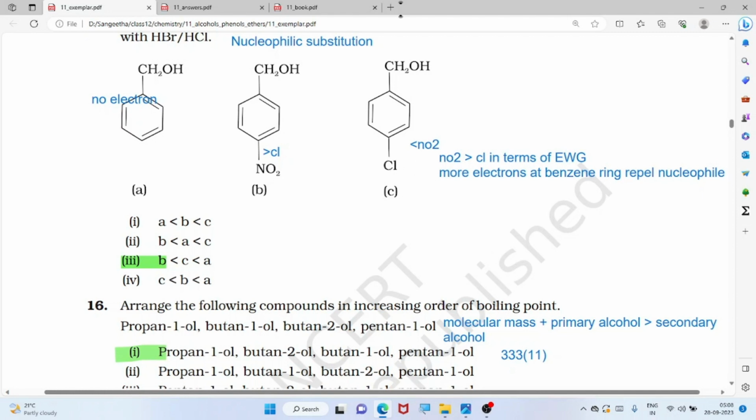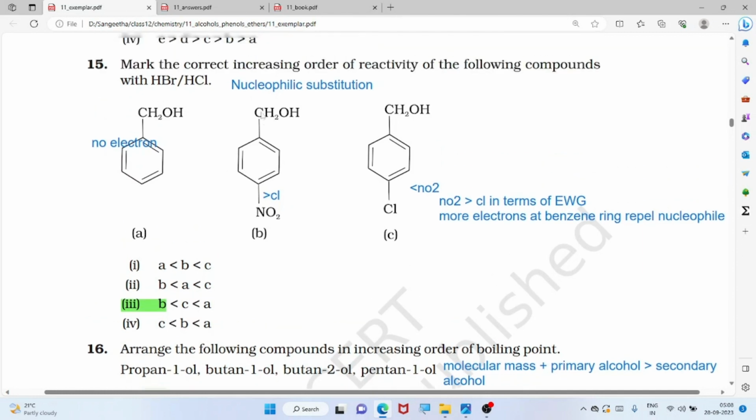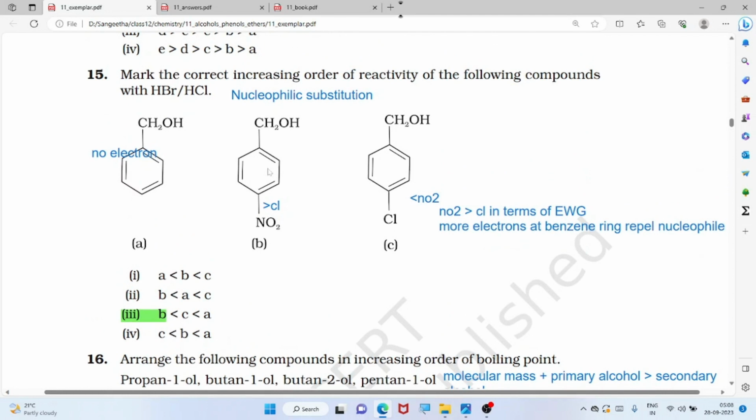More electrons in the benzene ring will repel a nucleophile, so that means it will be less reactive here. So that is less than this because of this repulsion of a nucleophile. So here no excess electron on the benzene ring, so this will attract the nucleophile substitution.